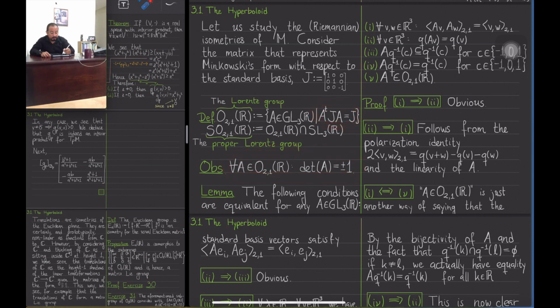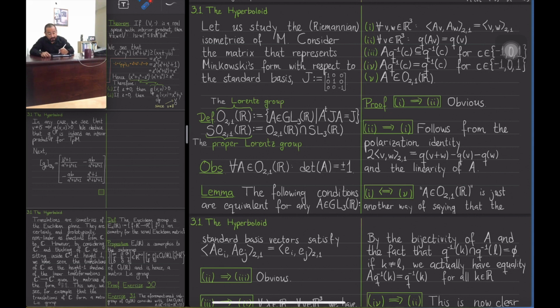Just take determinants, and use the fact that the determinant of the transpose is equal to the original determinant, and then you obtain this. Because the determinant of J is obviously minus 1, so you obtain that the determinant of A squared is equal to 1. So the determinant of A has to be plus or minus 1.